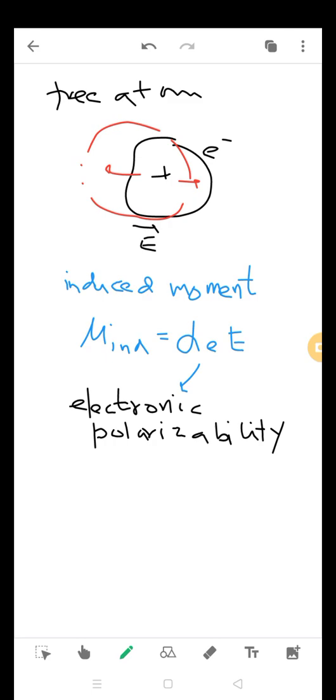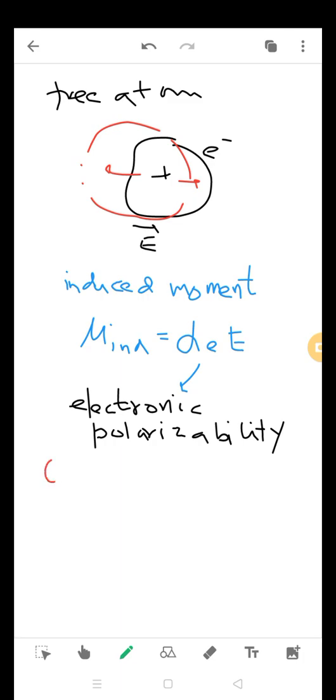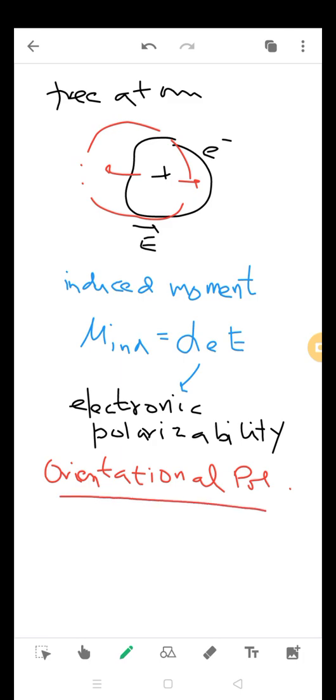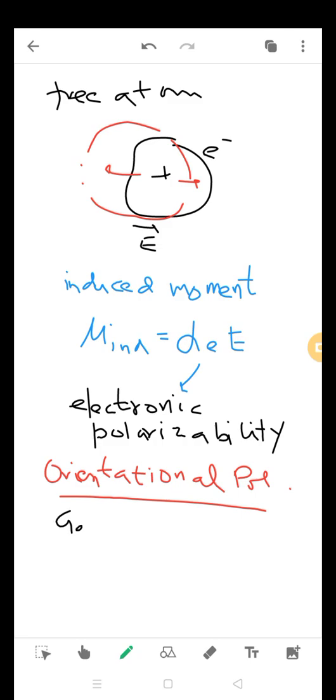Now, apart from this, we have something called an orientational polarization. It is usually observed in gases, which have a large number of identical molecules.